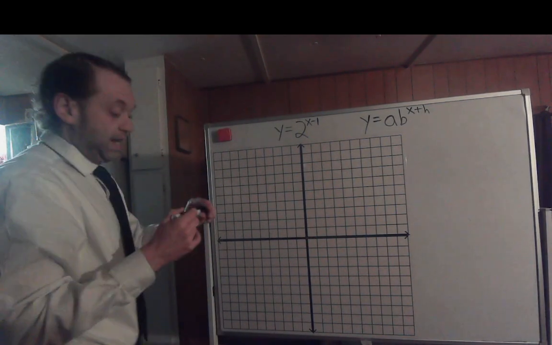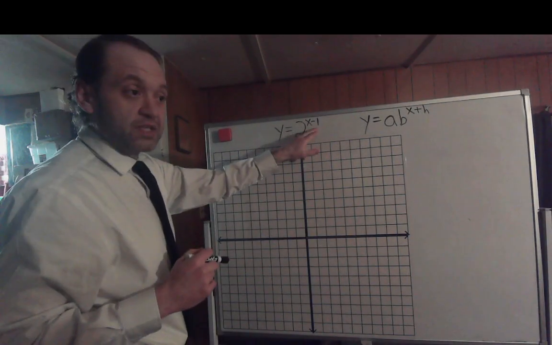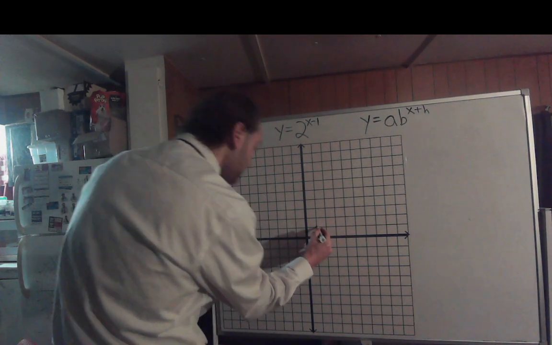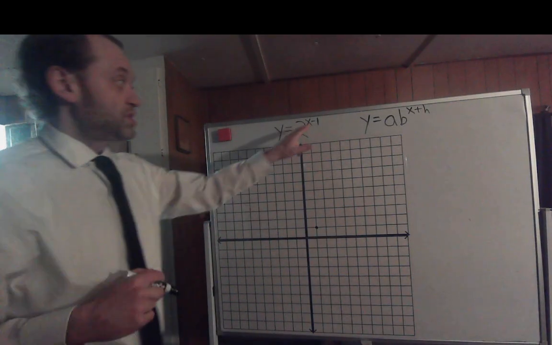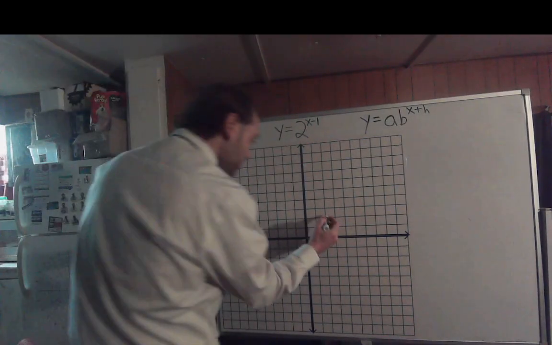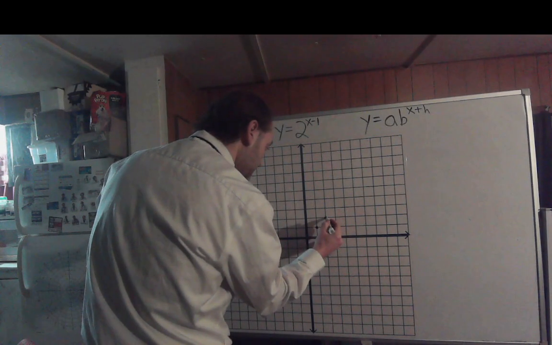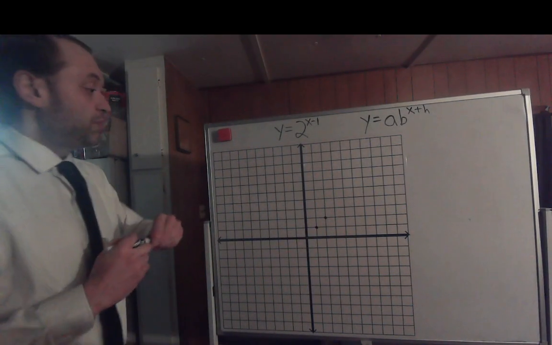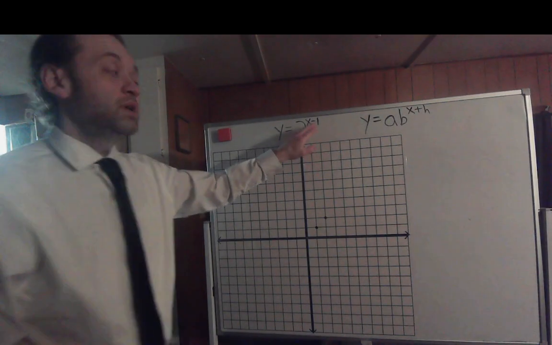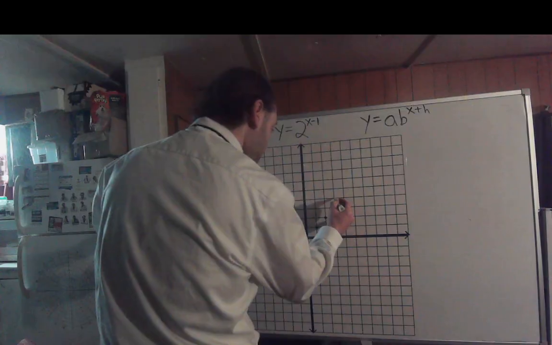What about when x is 1? 2 to the 1 minus 1 is 2 to the 0, which is 1. Now how about when x is 2? So 2 to the 2 minus 1 is 2 to the 1, which is 2. Then when x is 3, 2 to the 3 minus 1 is 2 squared, which would be 4.